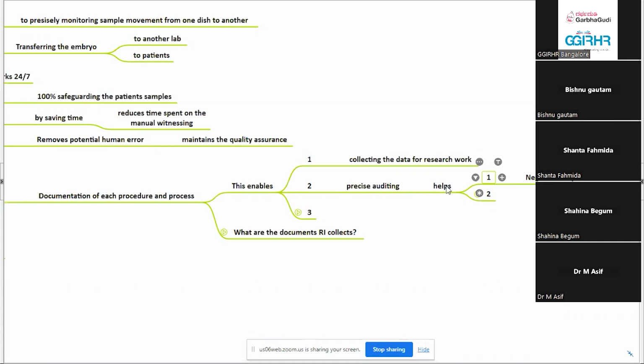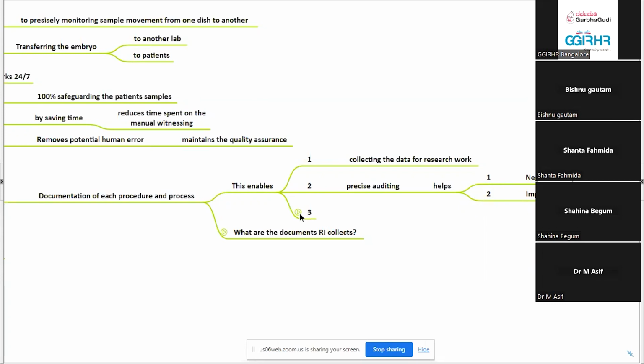And we can also improve the SOPs. For example, if the time taken for denudation is more, we can change the SOPs there. Let us reduce the time for denudation further, so that we can look for good embryo outcomes. We can change the SOPs of the lab.